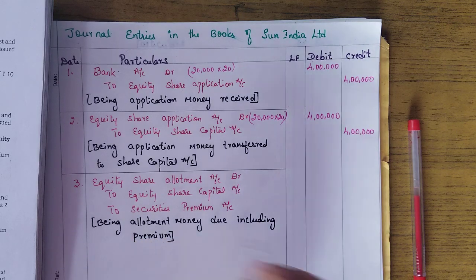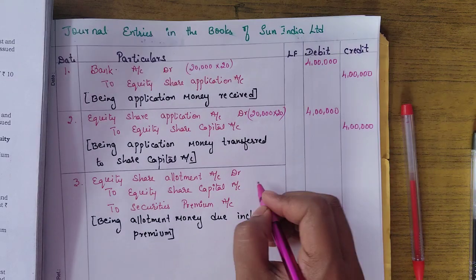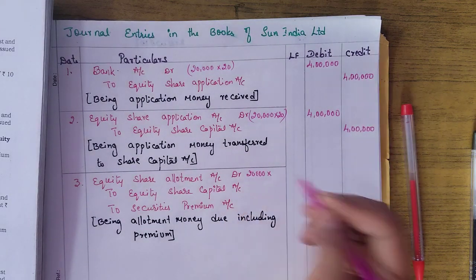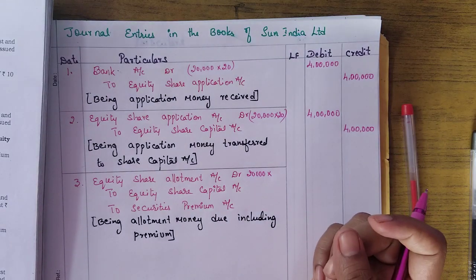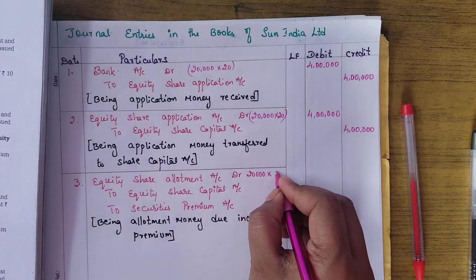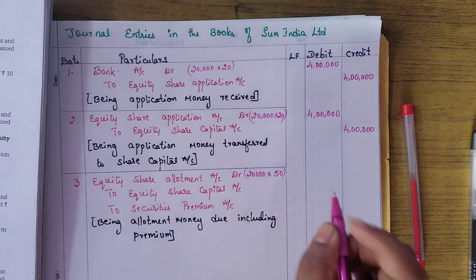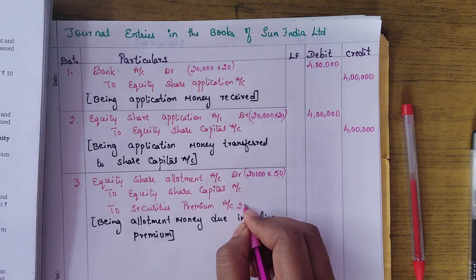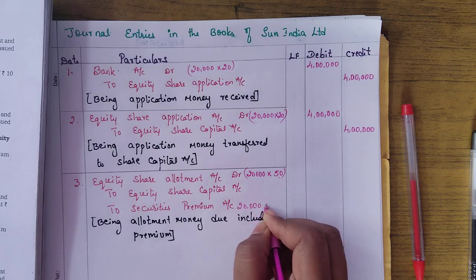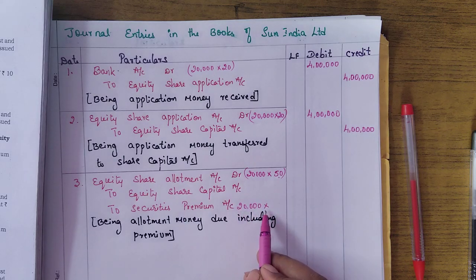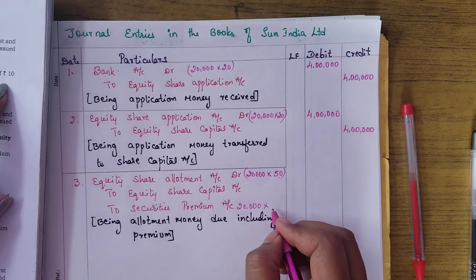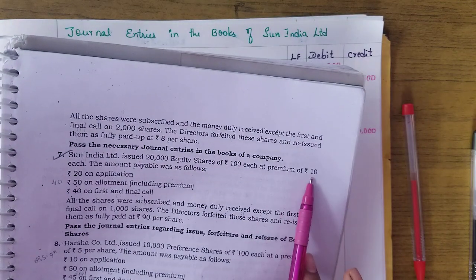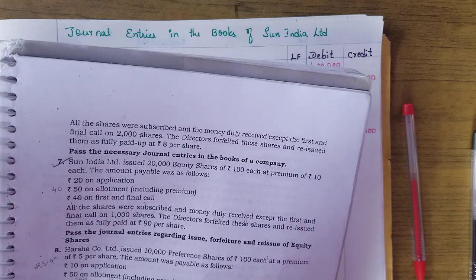Now look at the calculations. So 20,000 shares into the total allotment price they are charging, which is 50 rupees, which includes premium. When you come to the premium, it is 20,000 into the actual premium of 10 rupees. They have clearly mentioned in the question that 10 rupees is the premium amount.